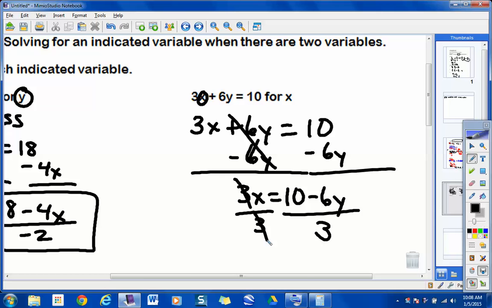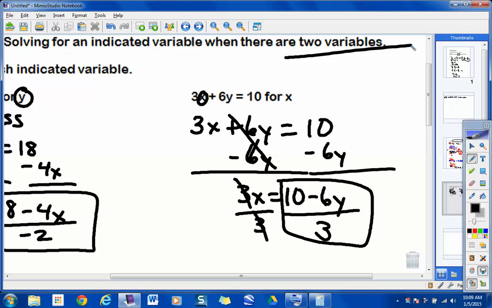They're gone. I wanted to get x alone. Is x all alone? Yeah. So what's its mess of an answer going to look like? 10 minus 6y all over what? 3. Okay. Guys, you get messy answers when we have how many variables here? You're going to get messy answers when you have 2 variables, right? We got good, nice whole number answers when we had just 1 variable on the first page, right? You understand what's going on here?